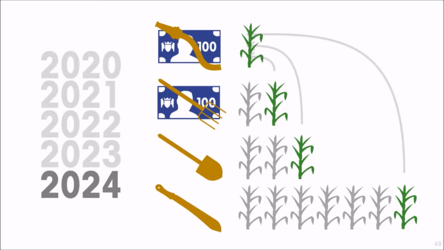So that's the direct effect that raises productivity from the existing capital stock, and the indirect effect that allows him to expand his capital stock because he was more productive.